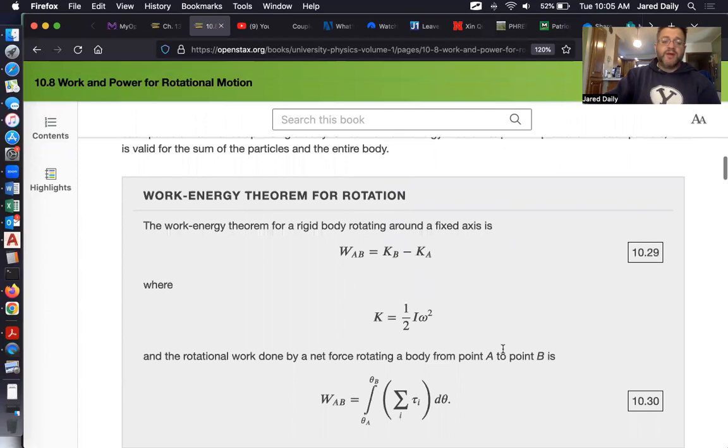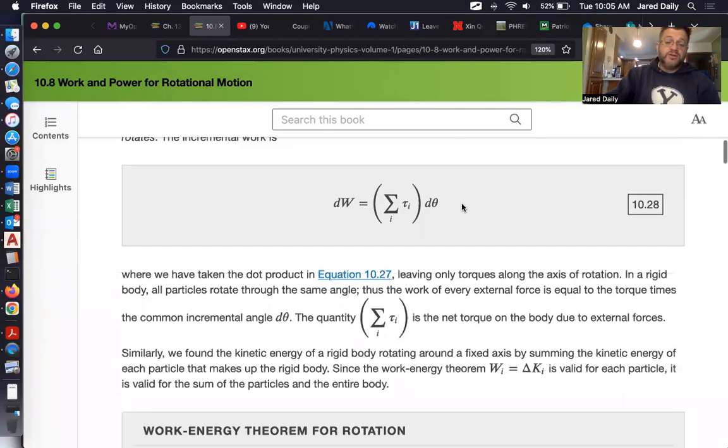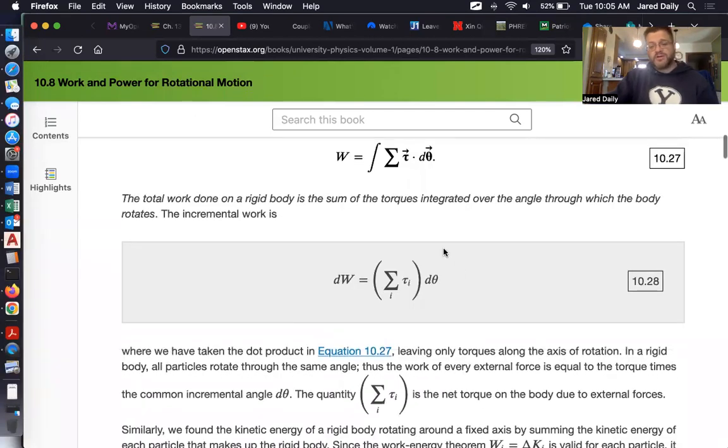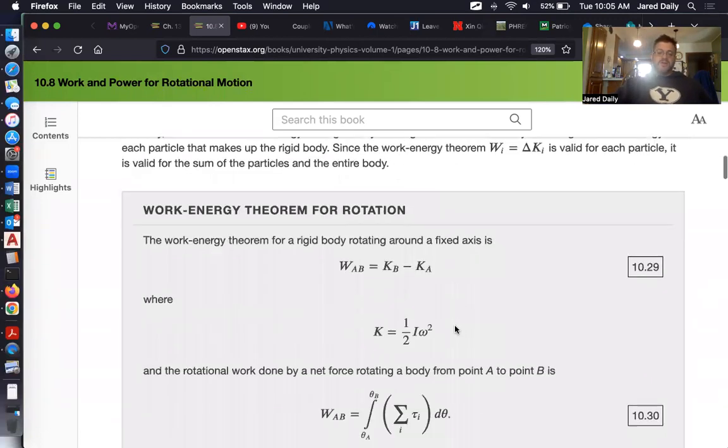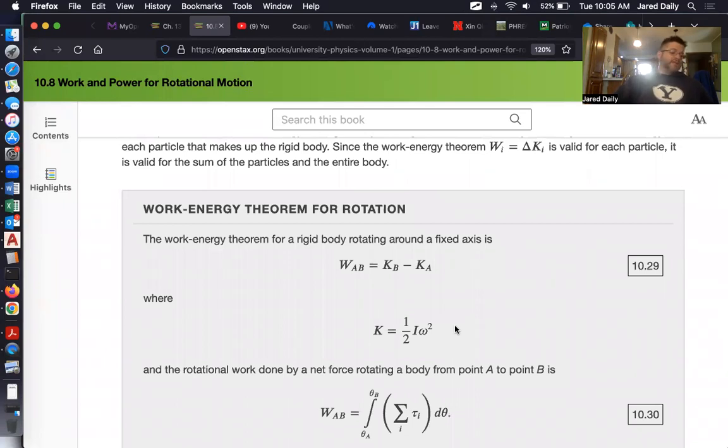You can actually use this to calculate how much work is done in rotation when you're applying a torque, and that's fine. But the real interesting thing about this is where it fits into the work energy theorem, because the work energy theorem says that we have some work being done and that changes the kinetic energy.